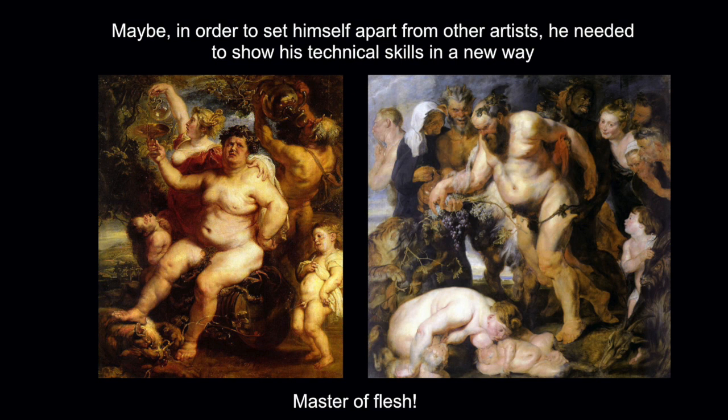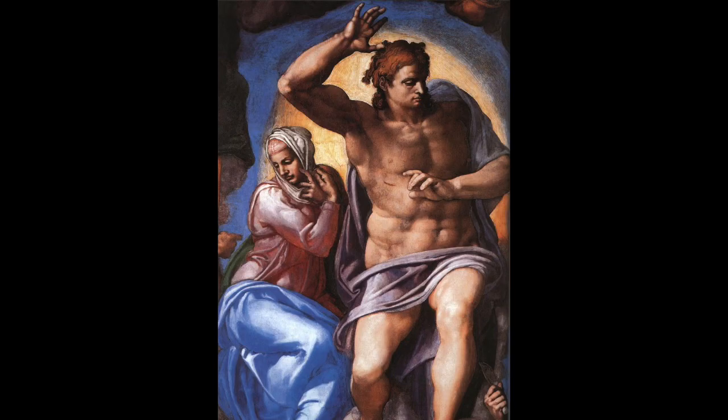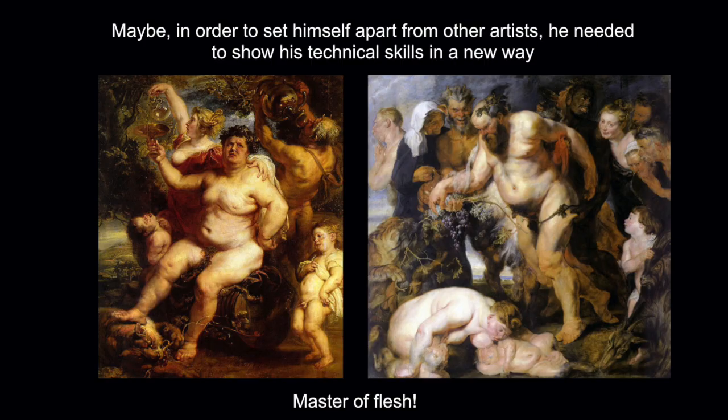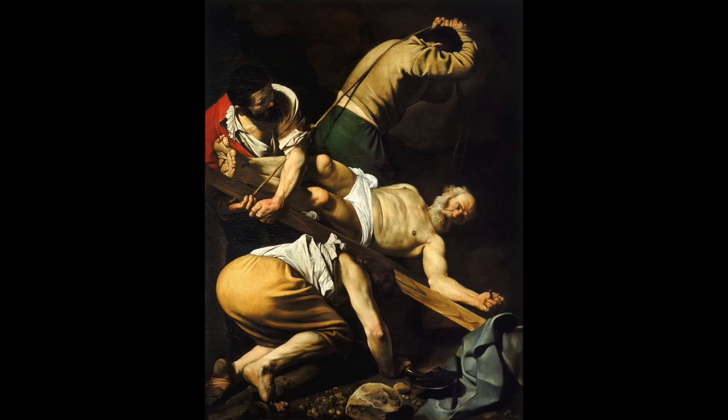And why is it about the fat? What happens when you paint fat? Well, if you think about past artists like Michelangelo and his depiction of musculature, I mean, Michelangelo was obsessed with muscles. Or maybe even Caravaggio and his grimy people, painted dirt on the bottoms of people's feet.